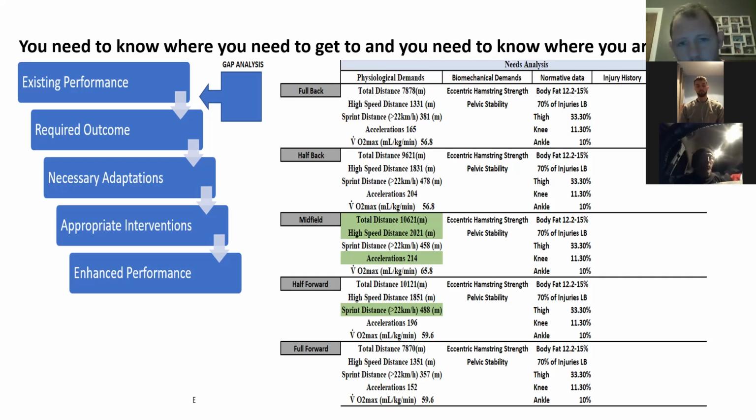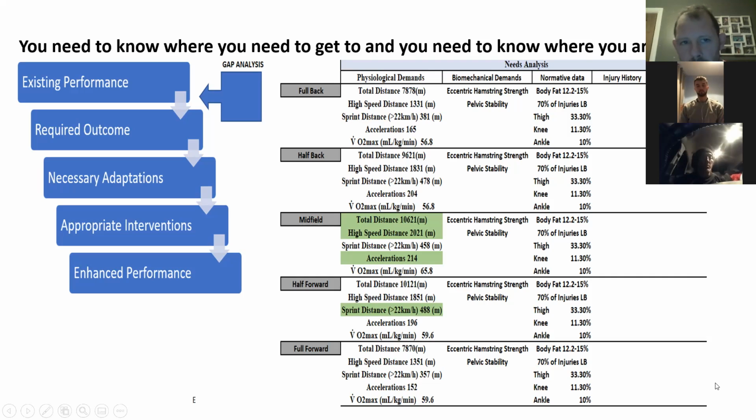So if I have a player who has X amount of hamstring tears and my manager is telling me that he wants to play him in a certain position, and I know that I need to expose him to X amount of loading, whether it be through maximal sprinting, or through eccentric hamstring lengthening, through Nordics or RDLs or whatever it is, I need to expose him enough to make him robust enough so that he can withstand the demands of the sport, based on what the manager wants and where the player currently is.